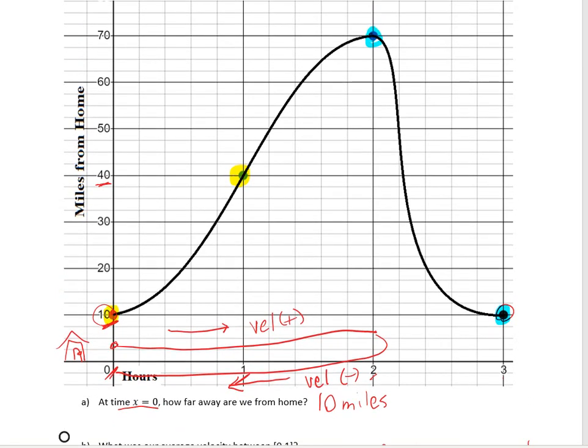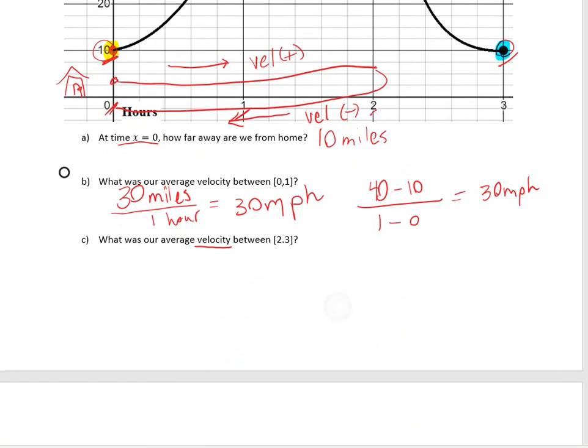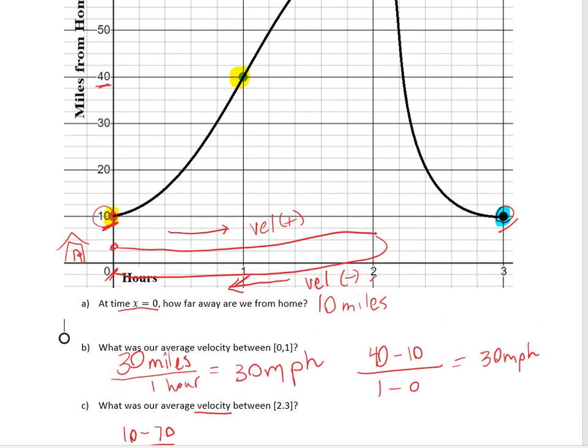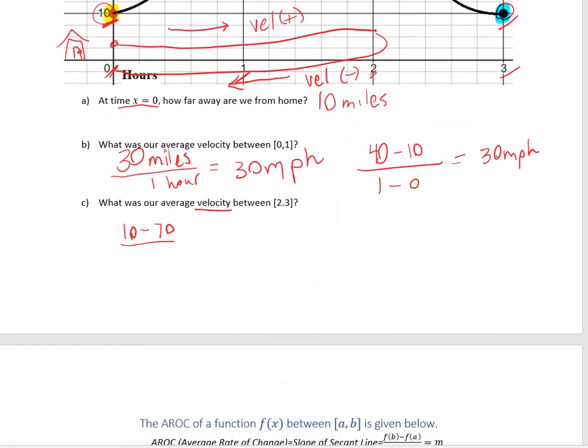So let's do the same thing we did on the last one. We're going to take the y-coordinates and subtract them, so 10 minus 70, divided by, and we're going to take the x-coordinates and subtract them, so 3 and 2. Notice that when we take the x and y and we subtract them on the top and the bottom, they have to match.